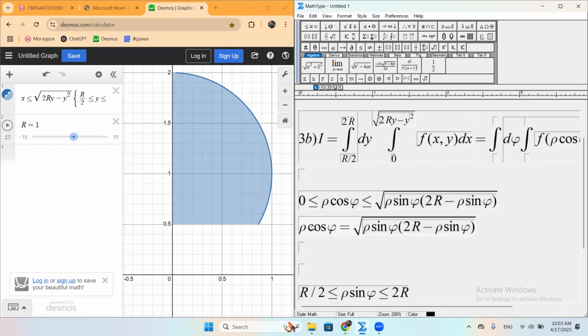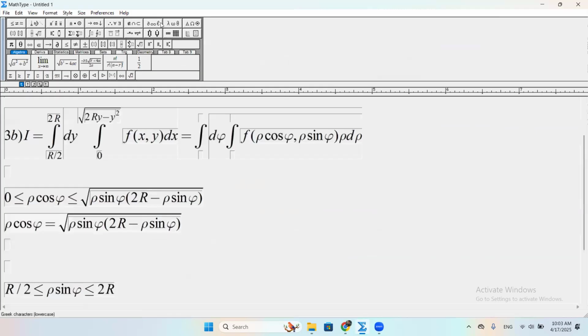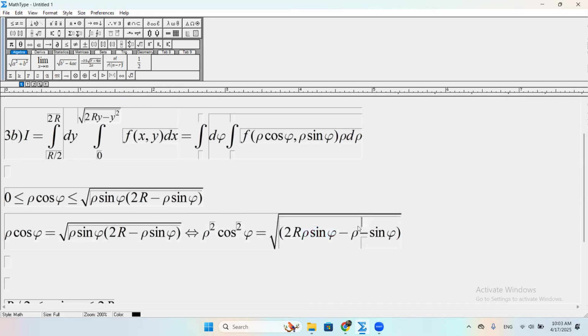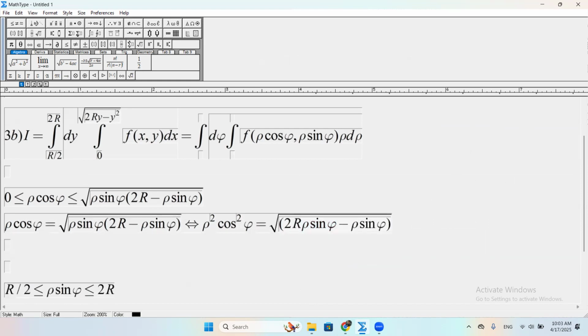Let's solve this equation first of all. Let's raise it to the square. So ρ square cosine square of φ. Actually, I don't think that it was a good idea to factorize. We could just expand brackets.